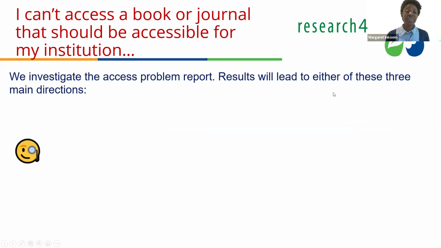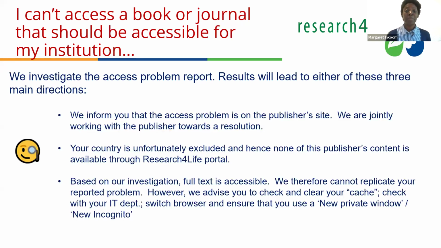When we do our investigation, it leads us into three main directions. The first could be that indeed it is a problem. When we try to replicate, we also find the same error that you are experiencing. And we then create a report, and we contact the publisher and say that there is an issue here, and this is content that should be available for this country.